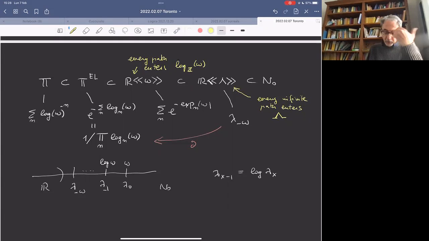I put Z because it could also be exp. So let's say that log minus 1 of omega means exp of omega.